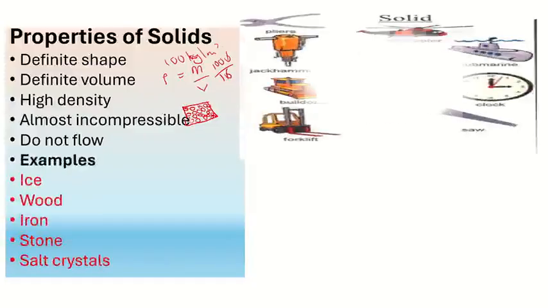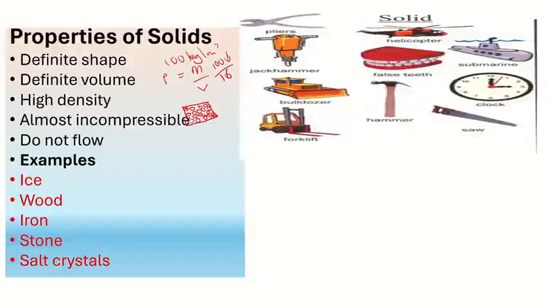Now, examples are anything you can think of that has all this description: ice, wood, iron, stone, salt, crystal. But please take note. We give these examples based on their nature under normal condition.